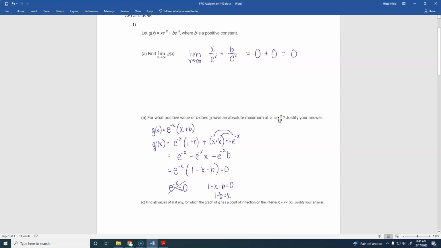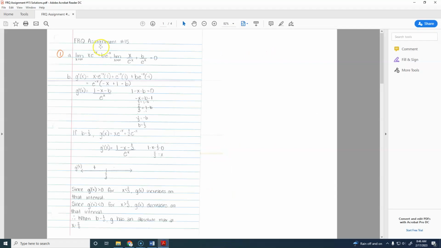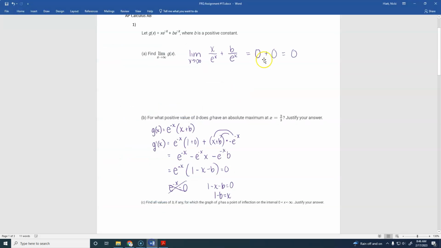I think this is right. Let me peek at mine. Yeah, okay, that's what I did. All right, so we want this value. We want x to equal 2/3 there. So we want 1 minus b to equal 2/3. And so if you subtract 1, negative b equals negative 1/3, and b equals positive 1/3.